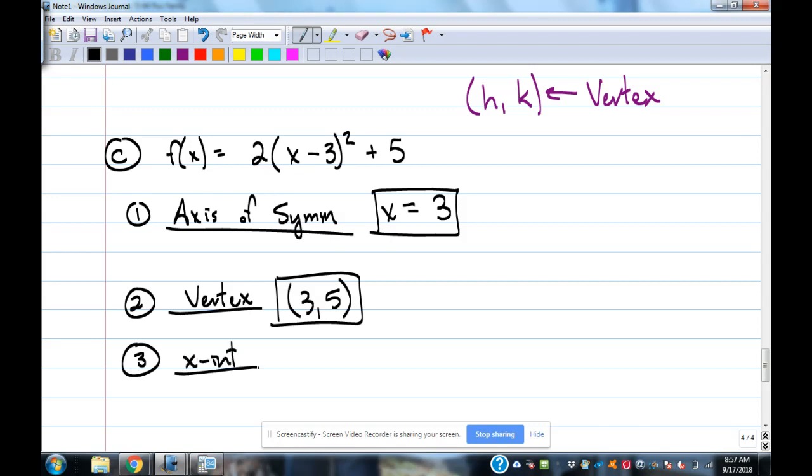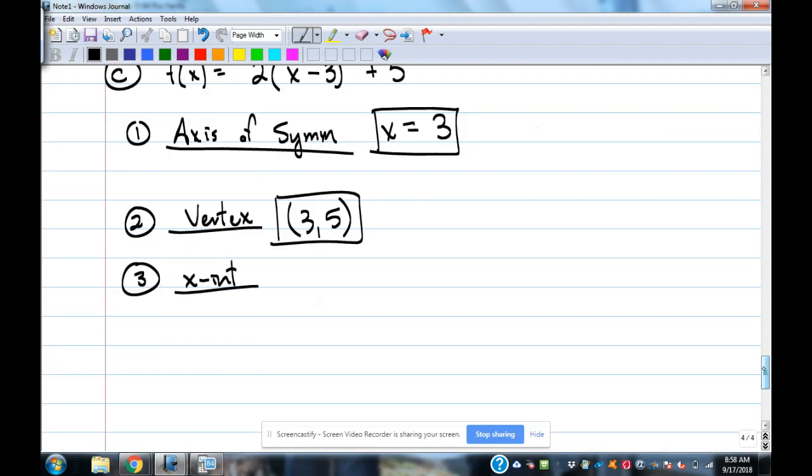X intercepts. This is actually, there's a shorter way. Here's what we got to do. We set the whole problem equal to what? 0. So we set 2 parentheses x minus 3 squared plus 5 equal to 0. Then we do what?